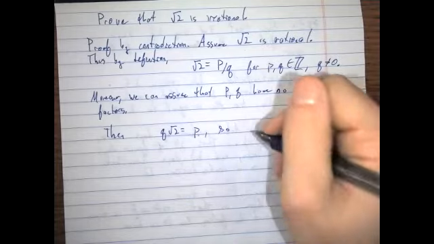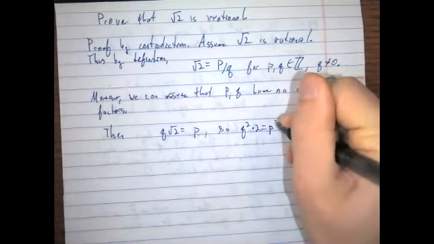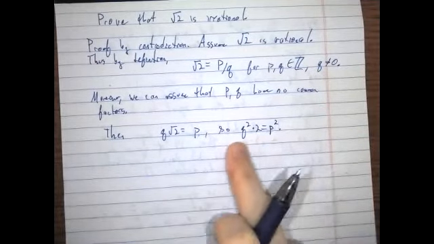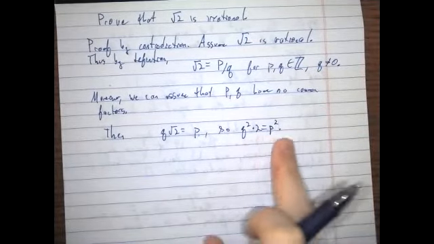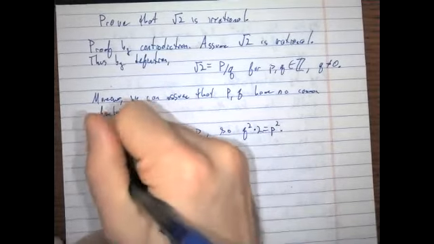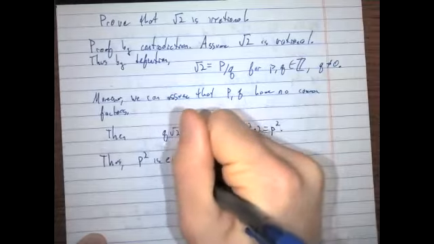You get Q squared times 2 equals P squared. Yep. Now, what can I conclude about the number P squared from this? Yeah, it's even. Thus, P squared is even.